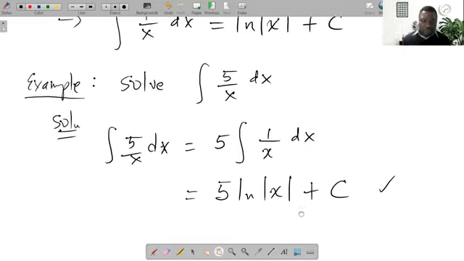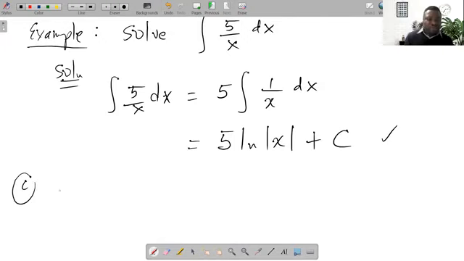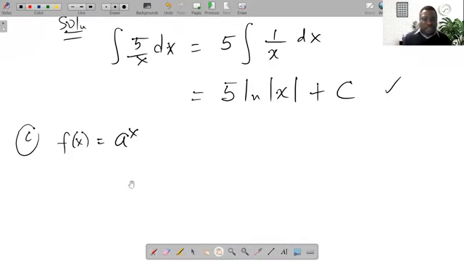Yes. Let me do another one. Remember this exponential one with any base. Let's say if I have f of x equal a to the x. A case like this, right?